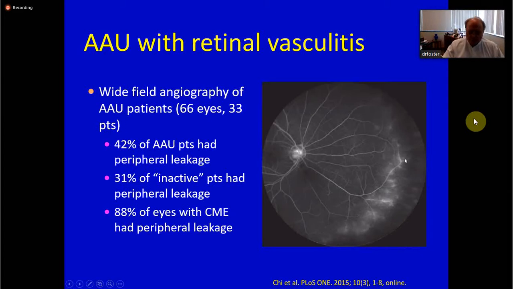This is what we found in this patient. Before getting the wide field system, this is all we could see. With a wide field camera, we find peripheral retinal vasculitis. It's not rare in patients who you think just have anterior uveitis, and it's going to lead to other things like macular edema.